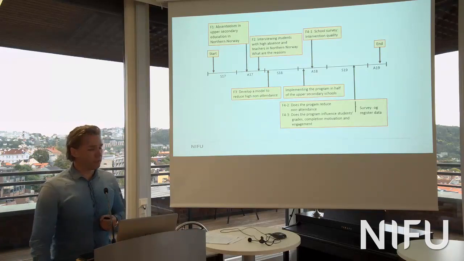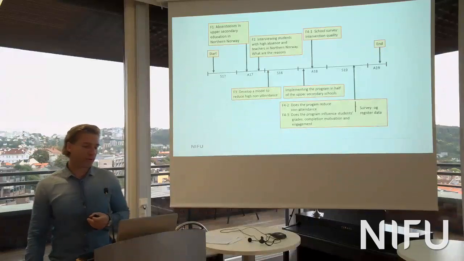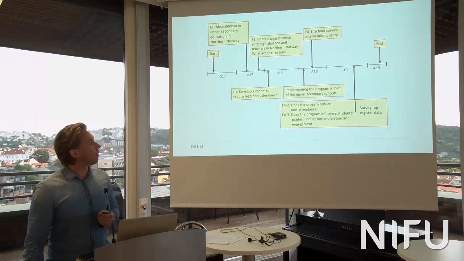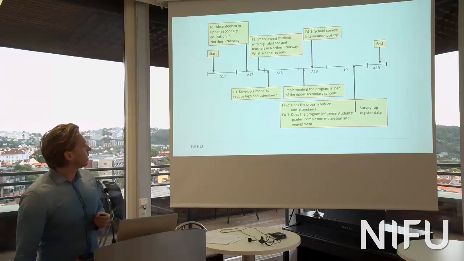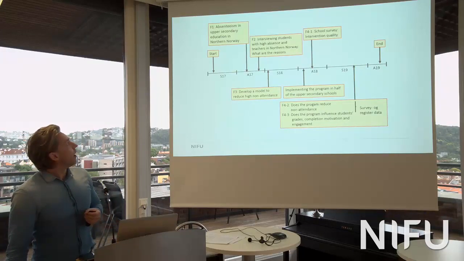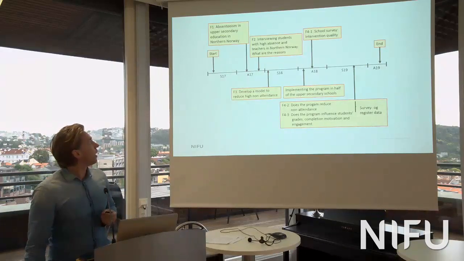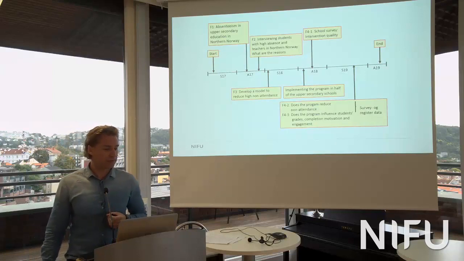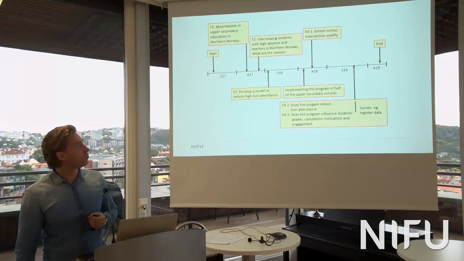So what we did, we made a timeline, and we applied for some national funding. We got the national funding, and the timeline in our project, as you see, is that we start now this spring 2017. This autumn, we will map some of the absenteeism in the counties in Northern Norway. We will prepare and complete interviews of some students and teachers.